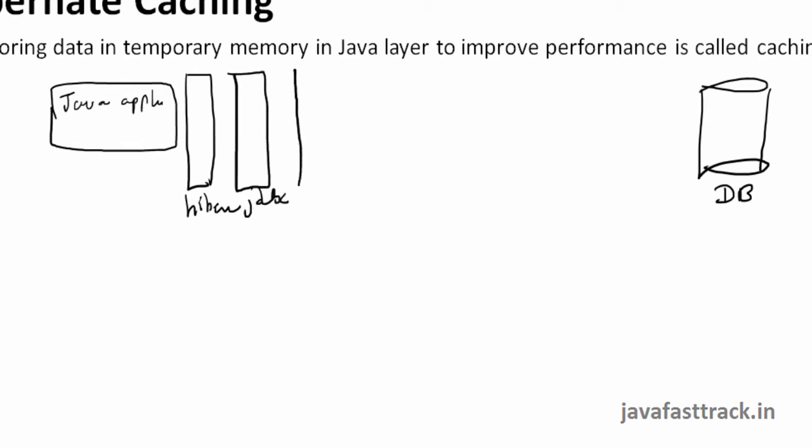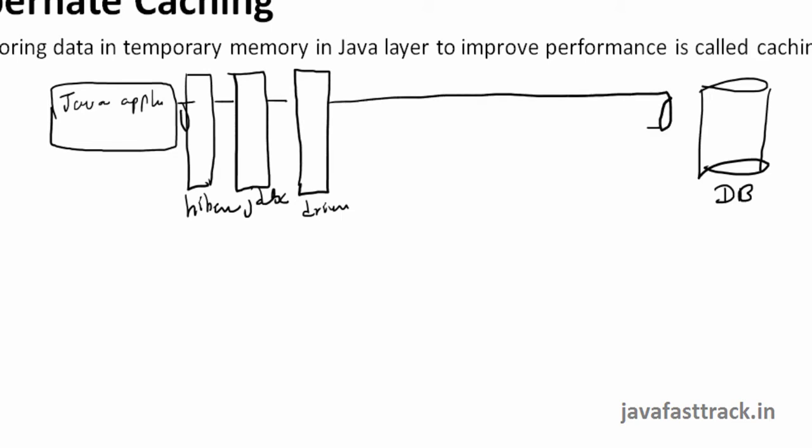And JDBC is implemented by the different JDBC drivers. The Java application interacts with the database by opening a database connection. Database is a separate application, a separate software. The Java application connects to the database using something called the connection.